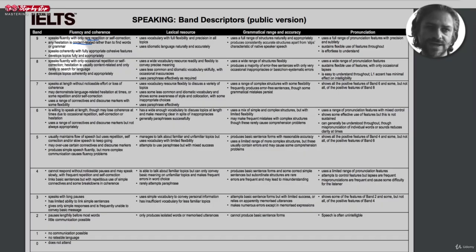So it's not language related. You speak coherently with fully appropriate cohesive devices. The cohesive devices they're talking about are these discourse markers here, and they're perfectly accurate and not too many, not too few, right in the correct balance.